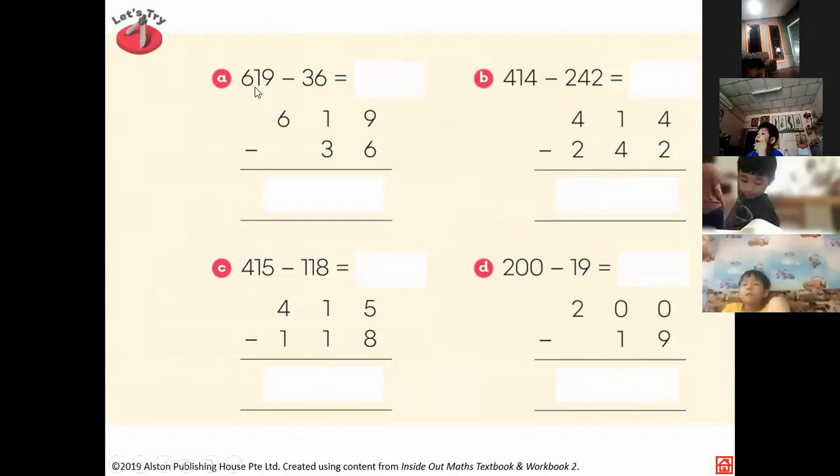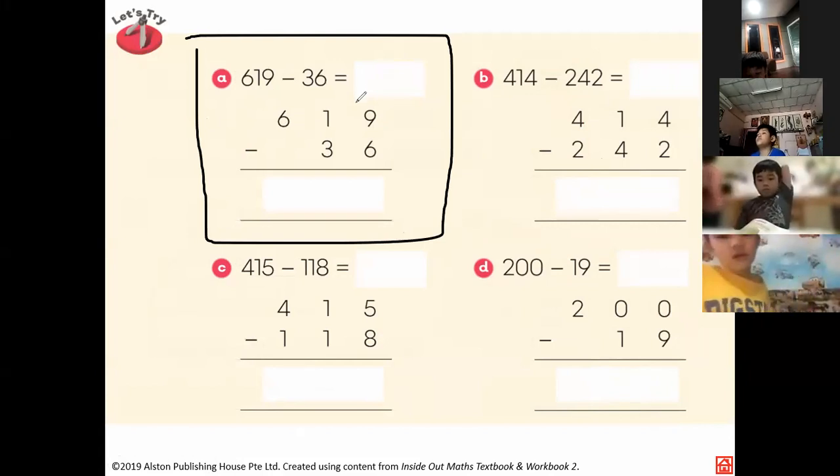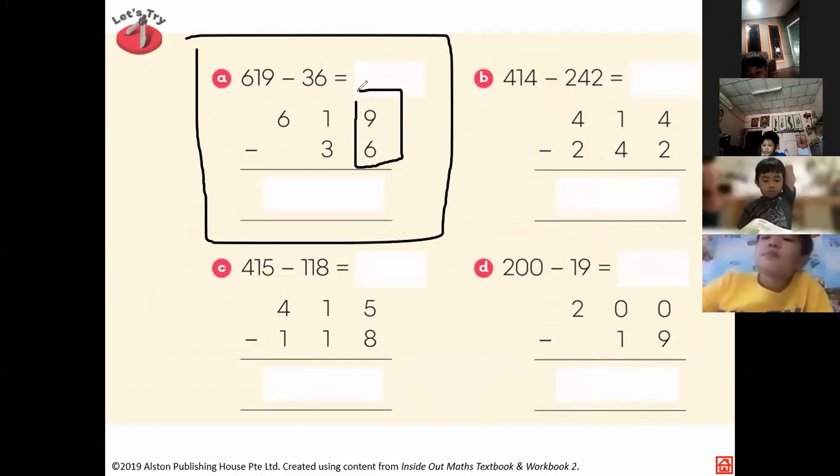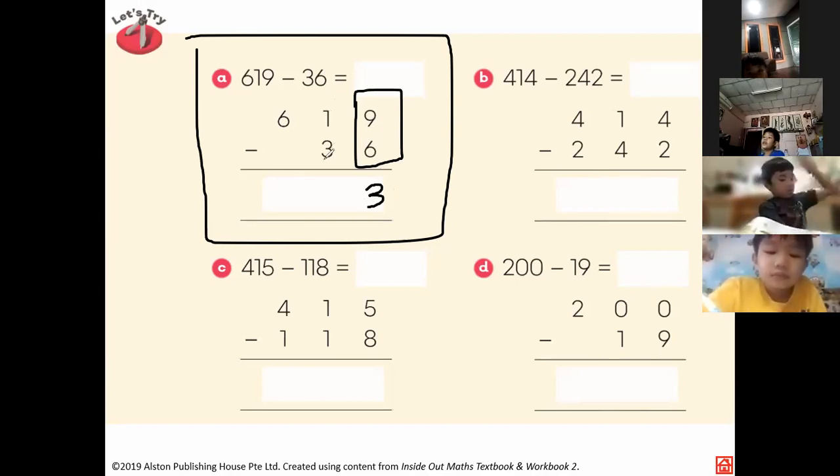Okay, letter A, we have 619 minus 36. So first we will subtract the numbers in ones place. So 9 minus 6, that's 3, right? But here in tens place, we cannot subtract 3 from 1.